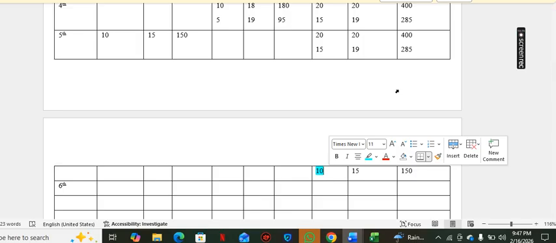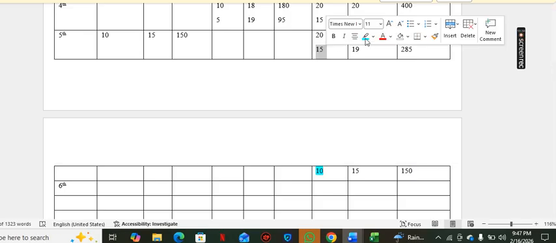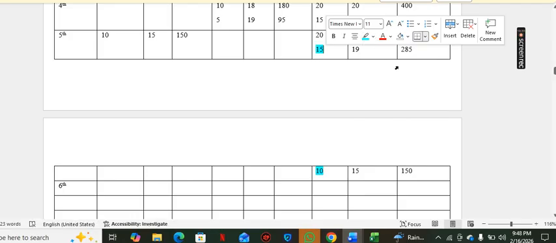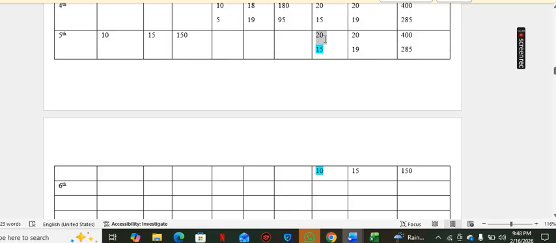It means we've got a remainder of 25 units. The next 15 will be removed from this batch. 25 minus 15, that's 10. Then the remaining 10 units will be removed from here.